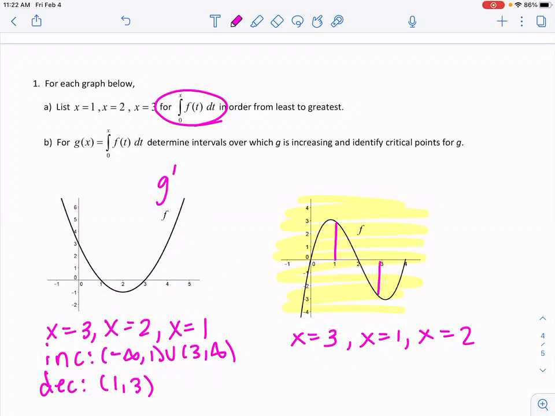So if this is our function here, then this is considered the graph of G prime. So where is original G increasing? Dylan, what did you say?